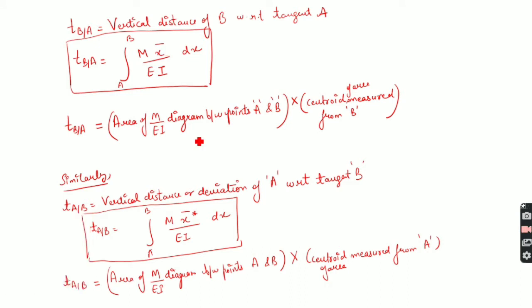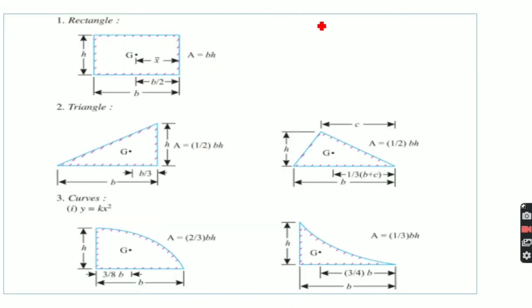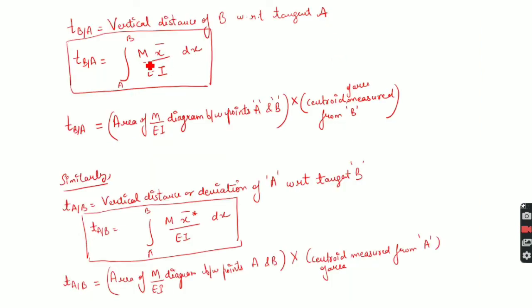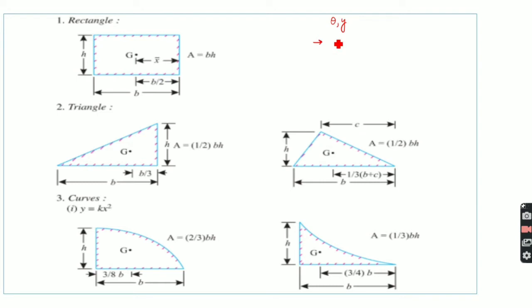Now we can summarize that in order to calculate theta or slope or deflection y, we need three parameters which we must know. First, we must know the bending moment diagram of that particular beam.